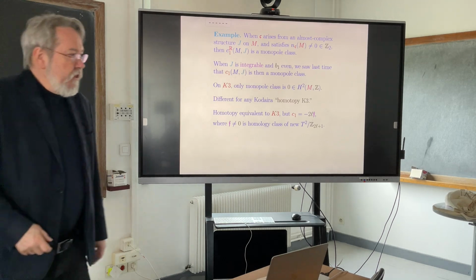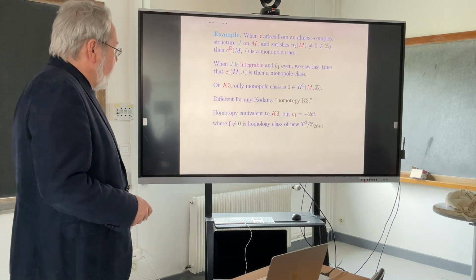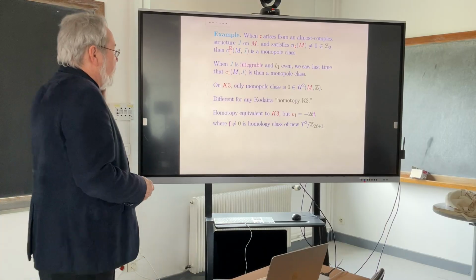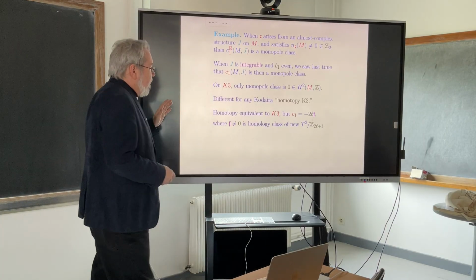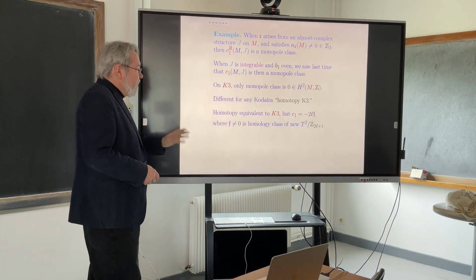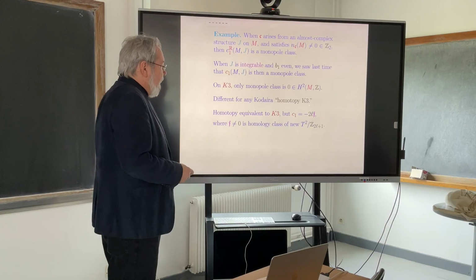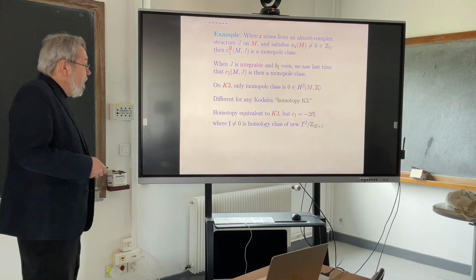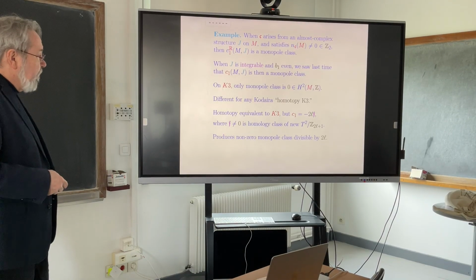So the original K3 had first Chern class 0 in homology. F is not the 0 class, so this c1 is not 0, and in fact it's divisible by 2L.